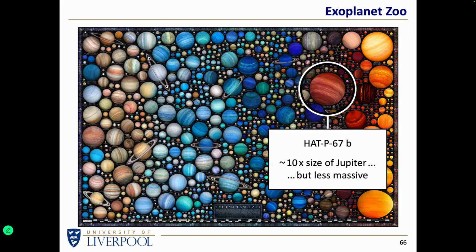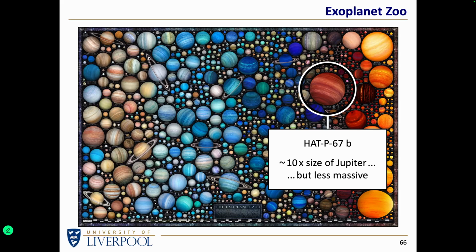This particular planet appears to be something like 10 times the size of Jupiter, but also appears to be less massive than Jupiter, which means its density must be really low. It's been estimated that this planet would have a density similar to marshmallow or something like that. Certainly much, much different from rocky planets such as Earth, and even much different from our own Jupiter.